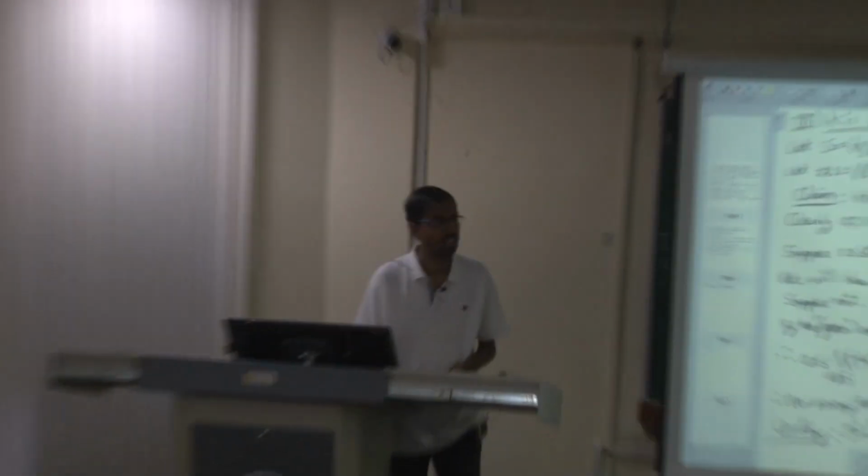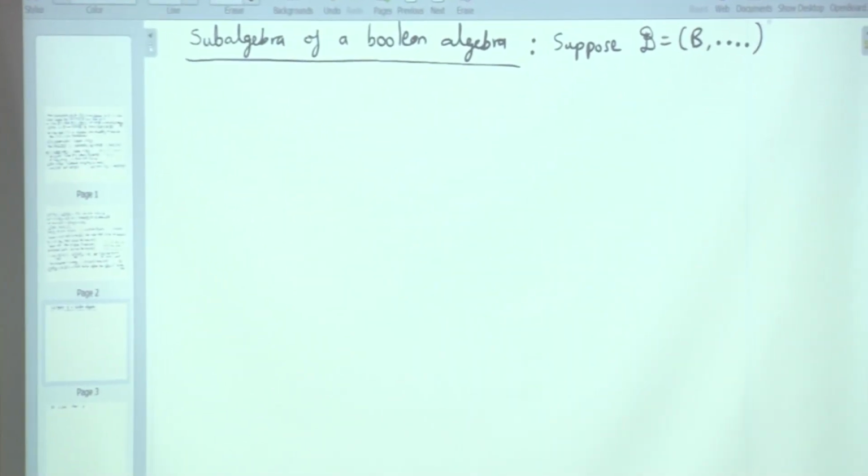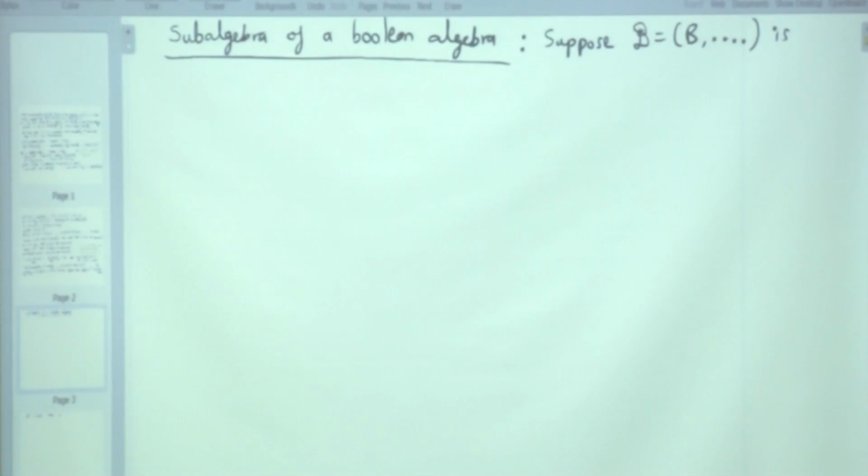Good. So let's go to the next concept now, that is subalgebra of a Boolean algebra. So suppose B, and then dot dot dot, I mean dot dot dot means meet, join, negation, etc., is a Boolean algebra.